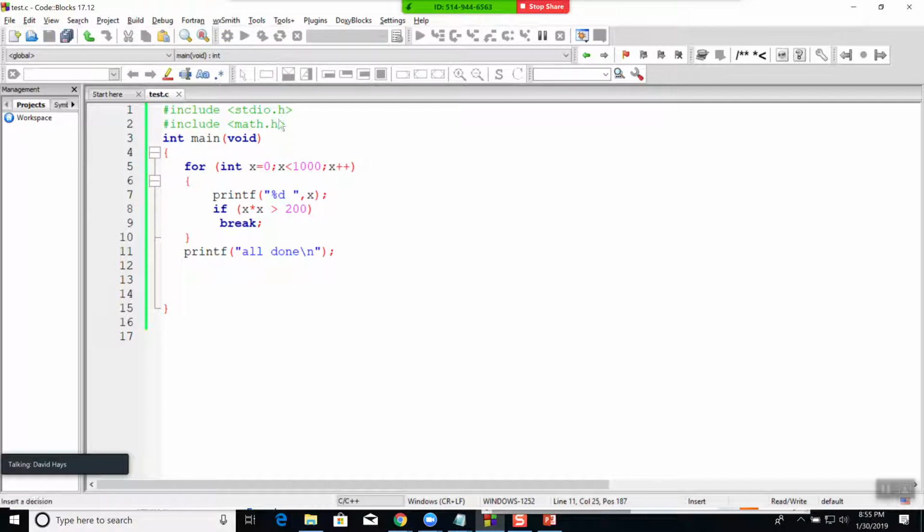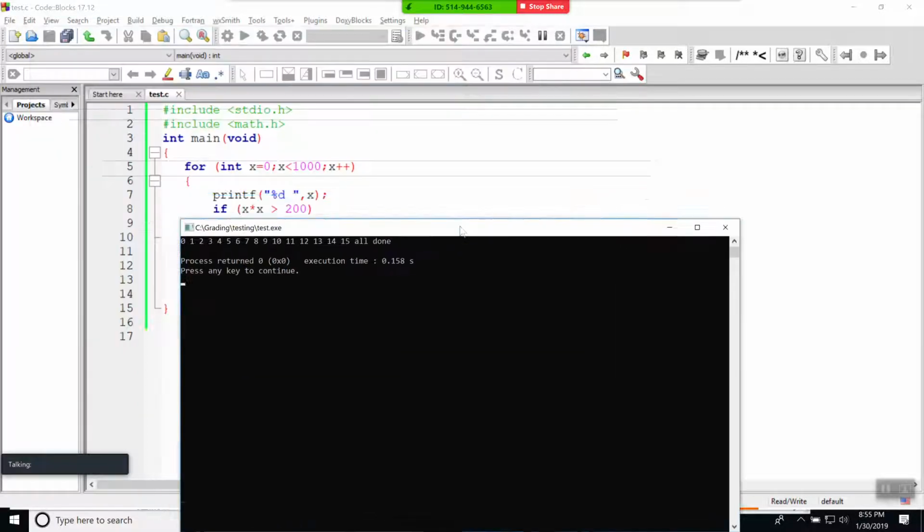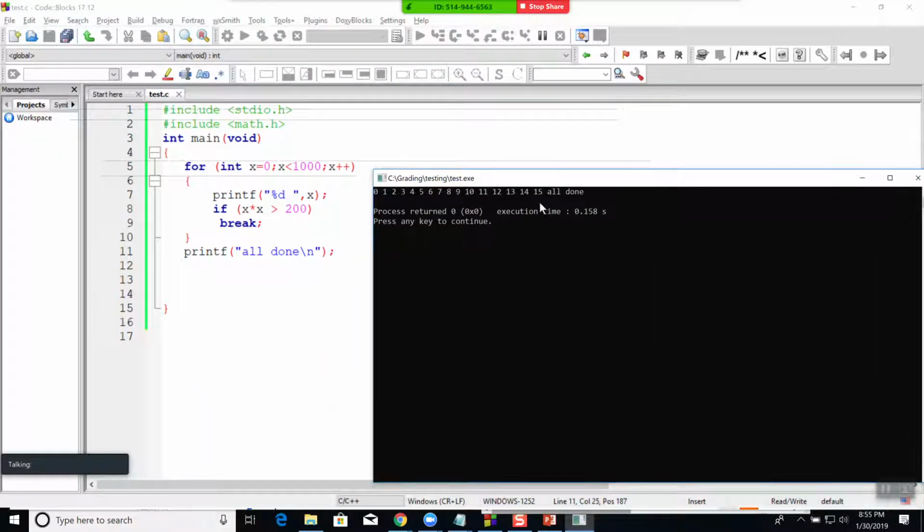Now if I run that, it goes from 0 to 15 because 15 times 15, isn't that 225? Yeah. That's why that's greater than that. Oh, if it's greater than that, I printed it before that.